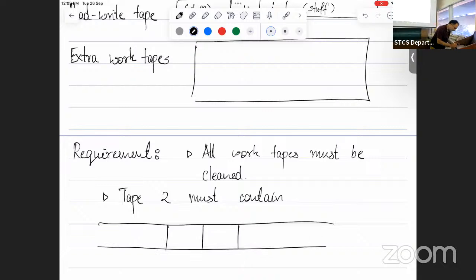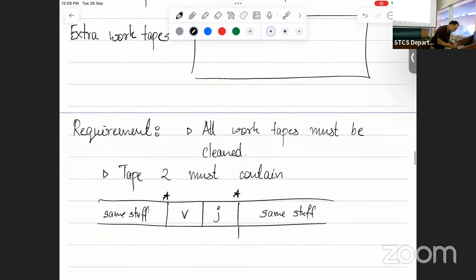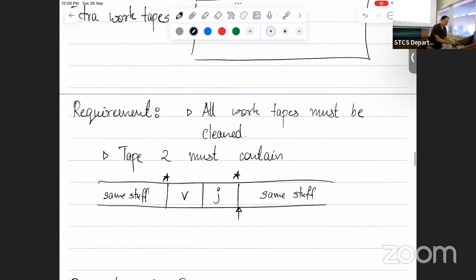Okay. And this is same stuff. This is same stuff. And I want the head to be positioned here, where, sorry, we were doing rotation, right?